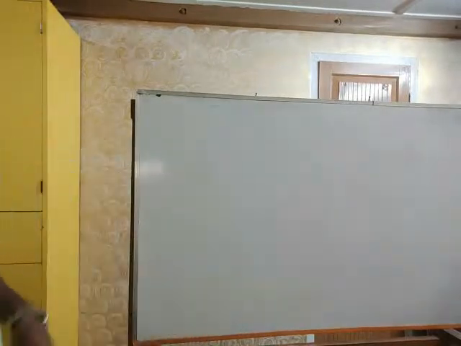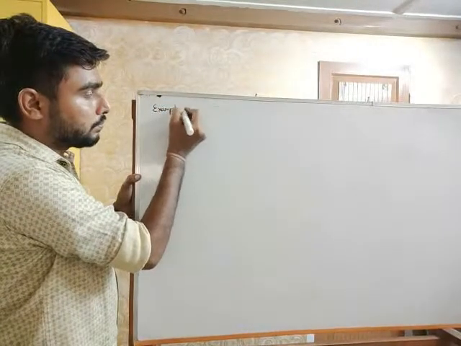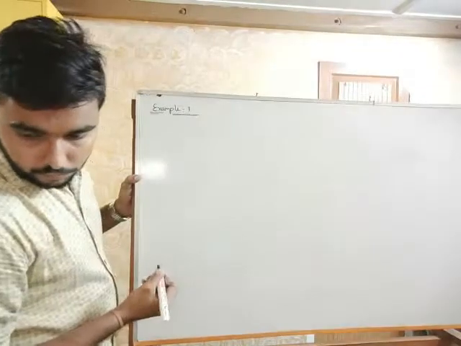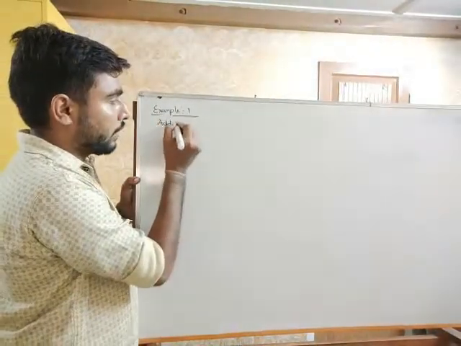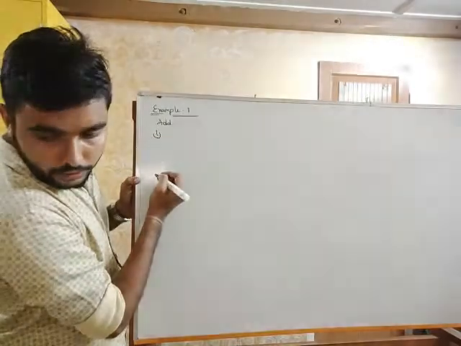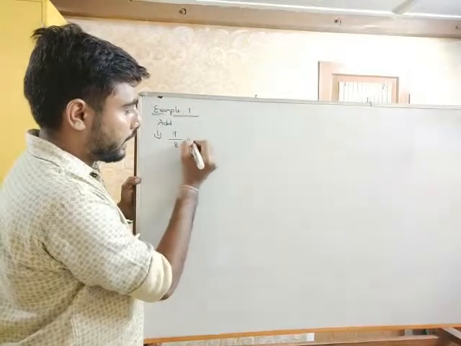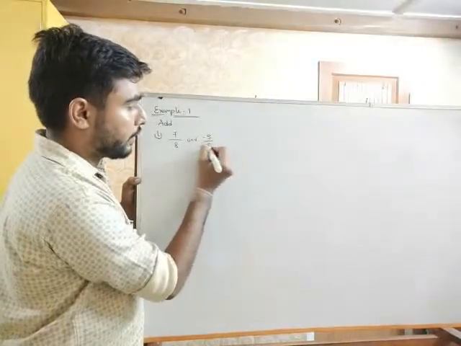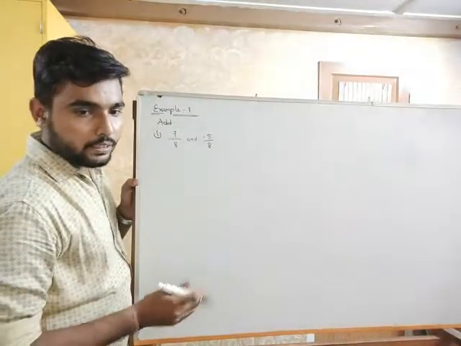Here it is said, example 1, add the rational numbers 7 by 8 and minus 5 by 8. So now what the question wants you to do is add the rational numbers. Board is clear?